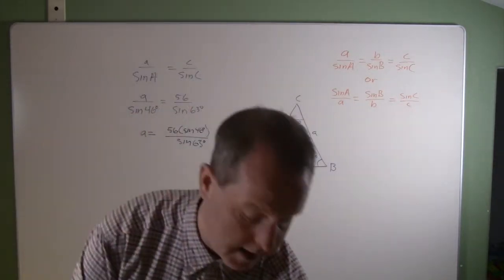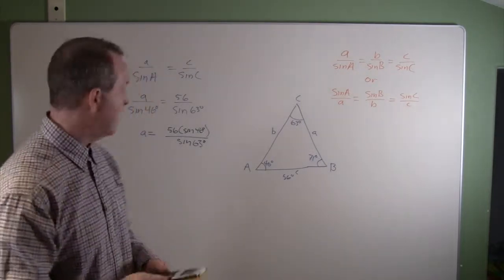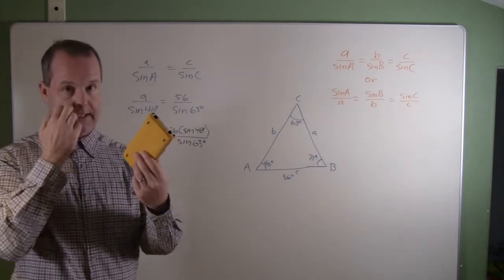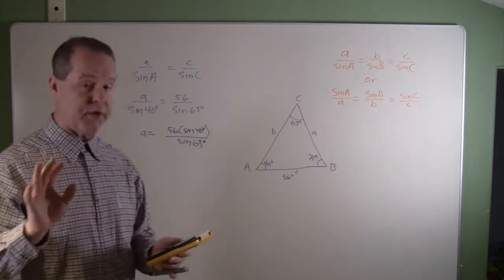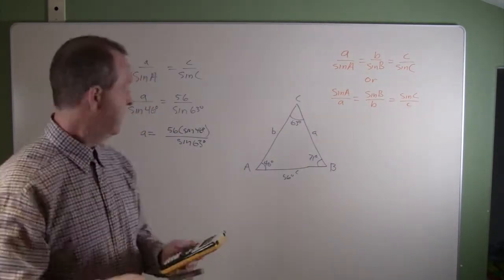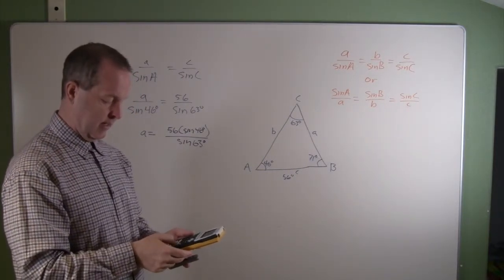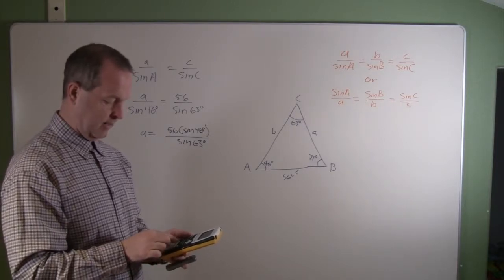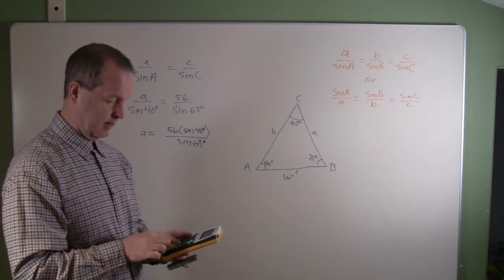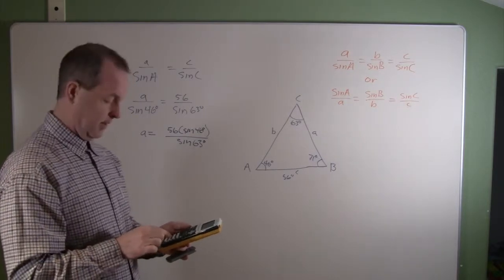Now, since those are not angles that I'm familiar with, those aren't the magic angles, I'm going to use my calculator to solve that. First of all, I'm going to make sure I'm in degree mode. And so I'm going to go 56 times sine 46 divided by sine 63.